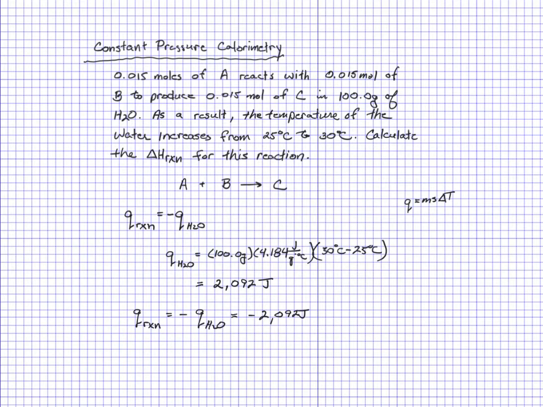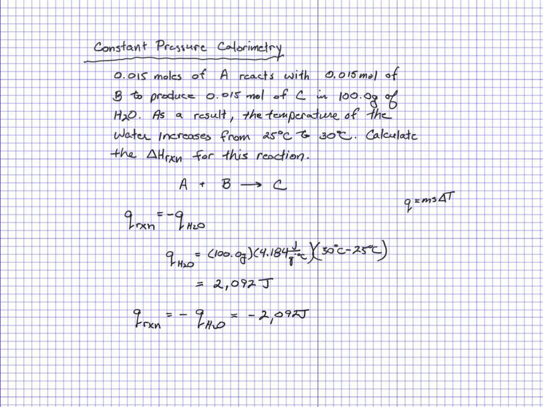Now it might appear that we have finished the problem. We're not done yet. Remember, the problem is asking for enthalpy, which is a measure of how much heat per mole of substance or per mole of reaction.